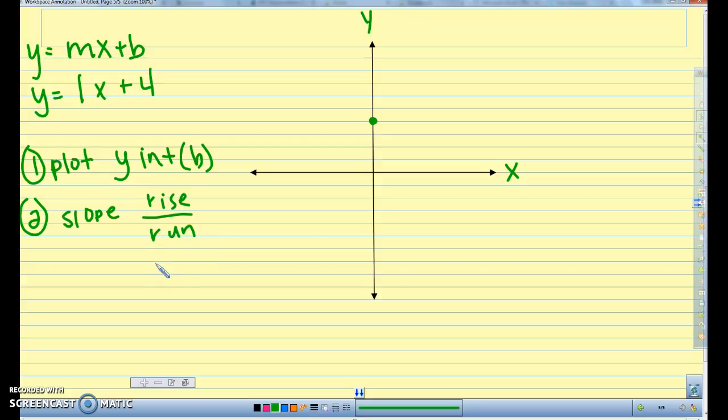Okay? So if my slope m is 1, it means that it is 1 over 1. So I go up 1 over 1. Let's say these are my points on the x. So I go up 1 over 1, up 1 over 1, up 1 over 1.